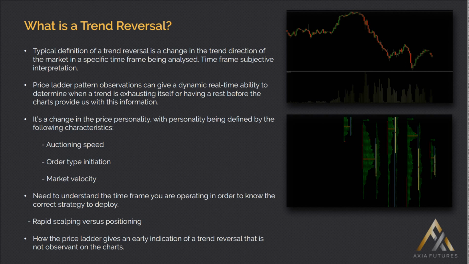And then also figuring out what type of trading strategy you're going to deploy. You're going to be looking at rapid scalping versus positioning. So once you observe an area where the market is now slowing down or unable to penetrate higher, are you going to look to build a core position, or, if you've noticed an absorption type pattern, are you going to work with the absorber like we discussed in our absorption videos?